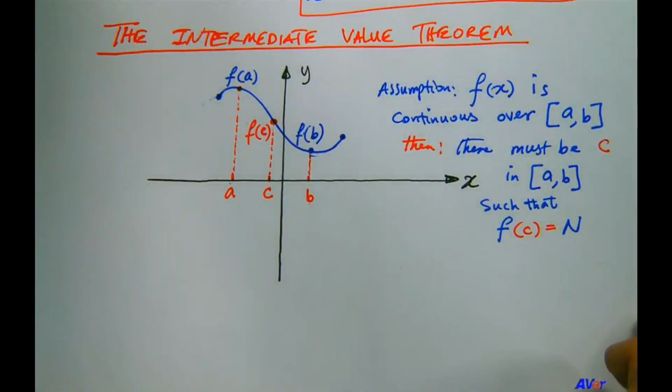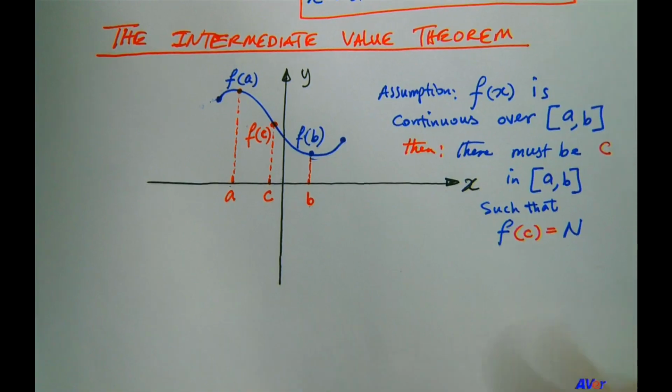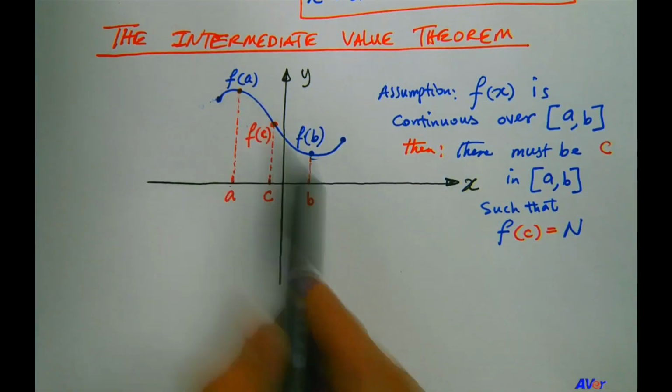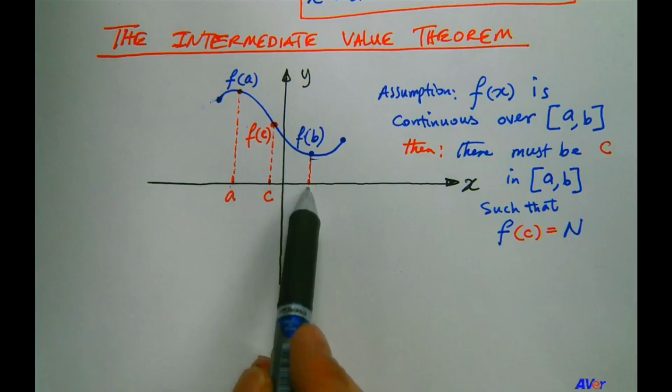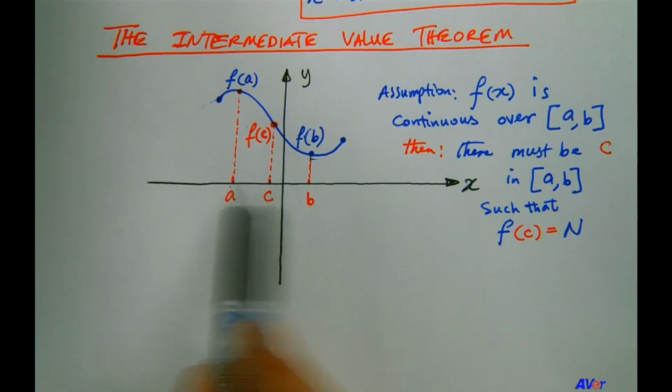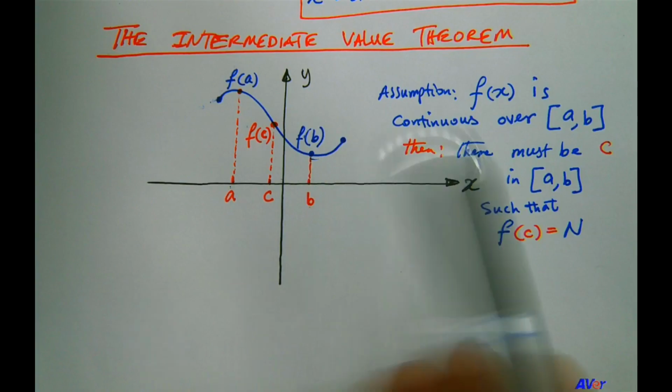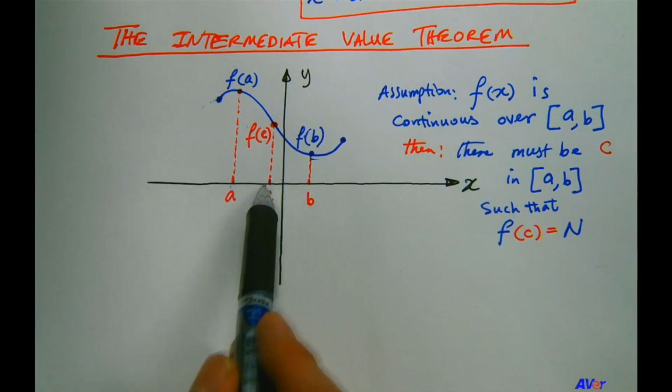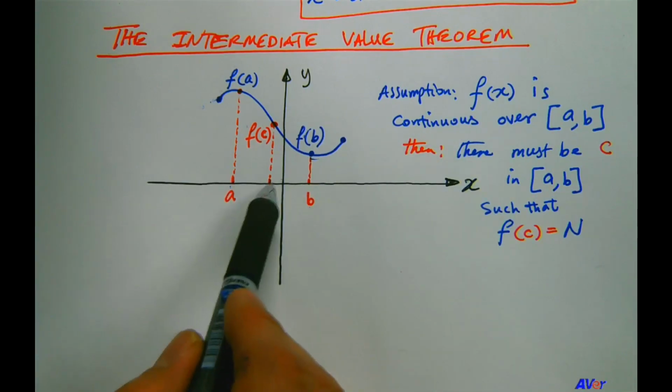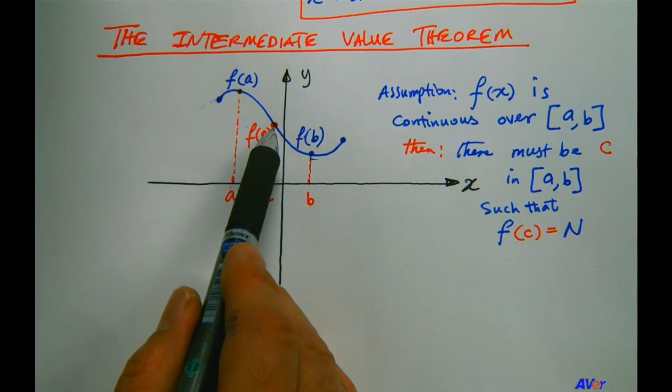But what other applications does it have? It has applications in locating the root of a function. So let's see how. And again, this is all about the big picture of the intermediate value theorem. So I'm sure you agree that if we have a function that is continuous between a and b over this interval, then we must have at least one value between a and b such that for that value c, the function value exists.